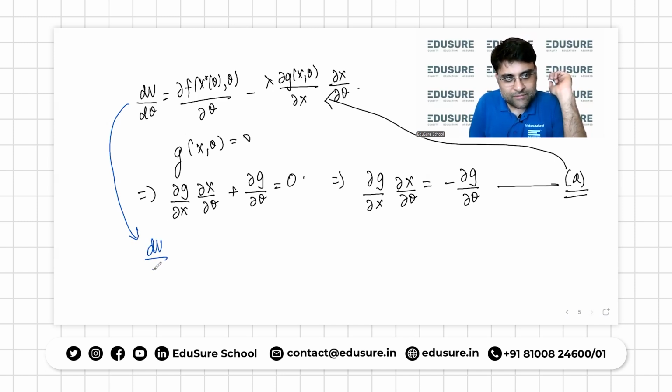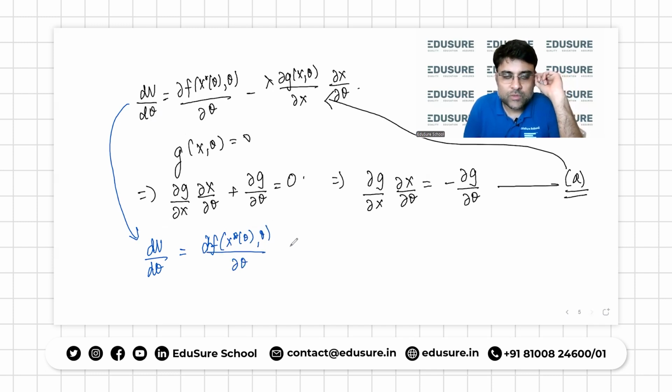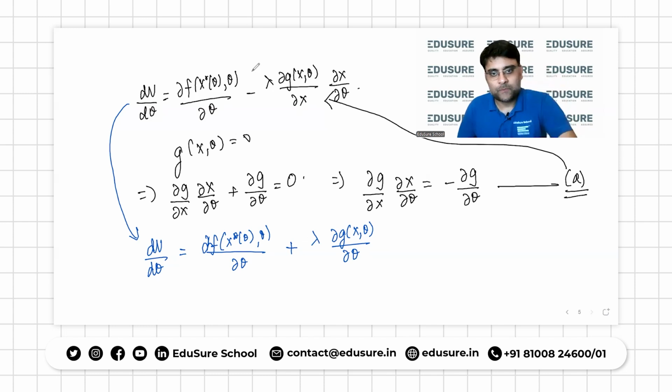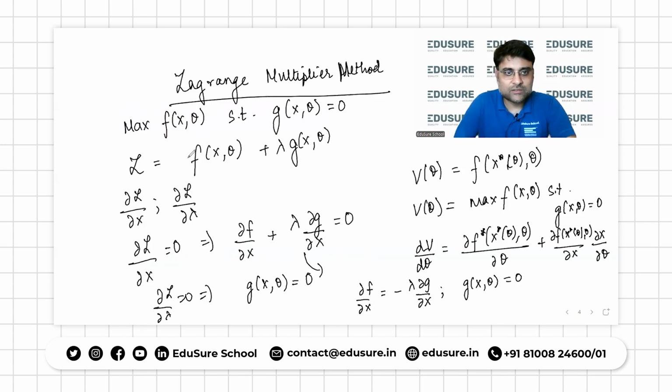So when I put this result A in this expression, what will I ultimately get? I'll get dv d theta is equal to del f del theta minus lambda del g del x del x del theta, which is equal to minus del g del theta. So, okay, this is what we'll get. Now, where was the Lagrange? The Lagrange was this.